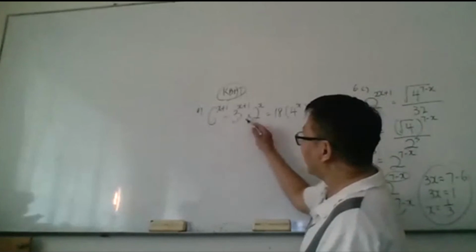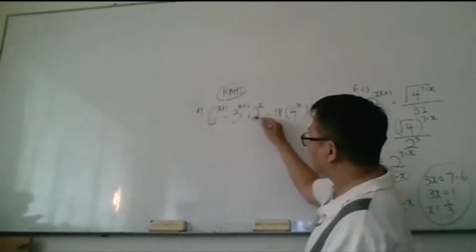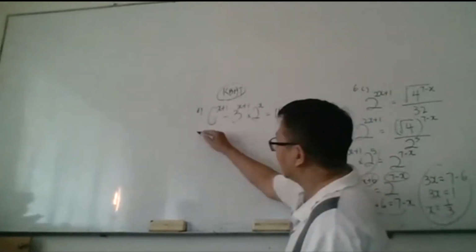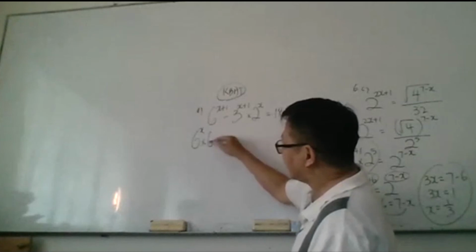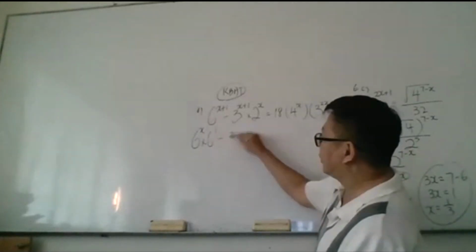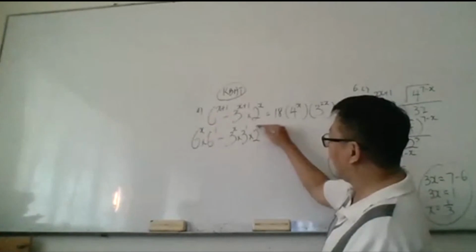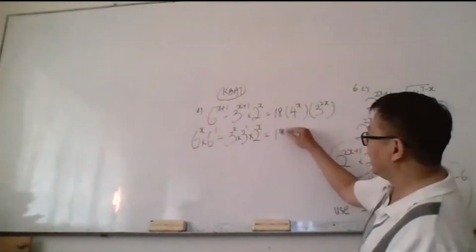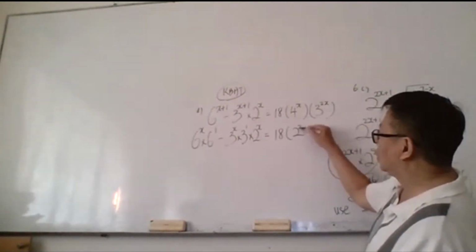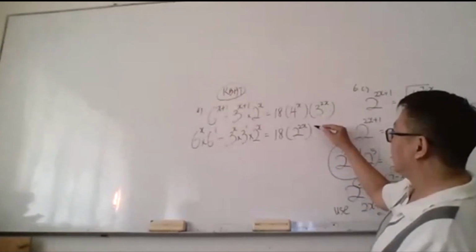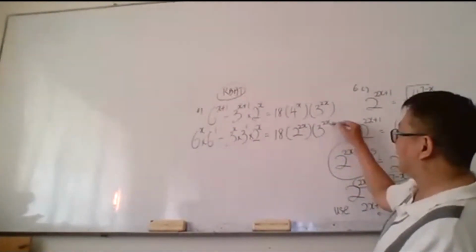So what I can do is, I can see that this is 3 to the power of x, this is 2 to the power of x. So 6 to the power of x times 6 to the power of 1, minus 3 to the power of x times 3 to the power of 1 times 2 to the power of x equals 18 to the power of 2x, and then this is 3 to the power of 2x.